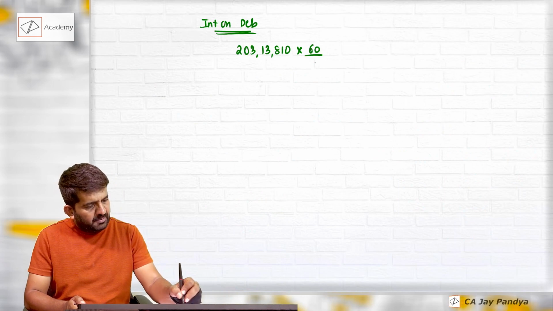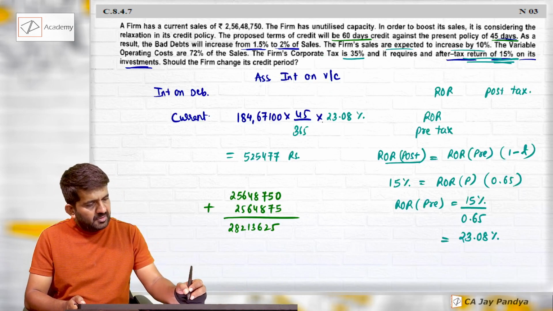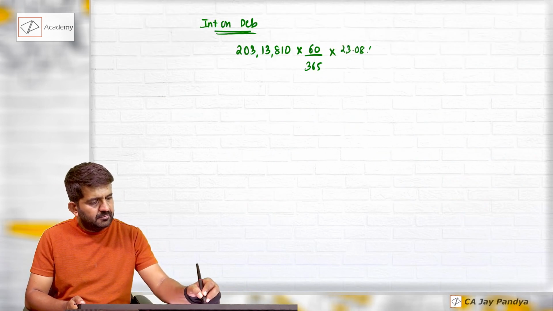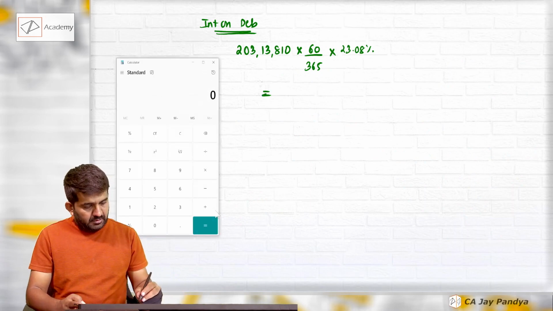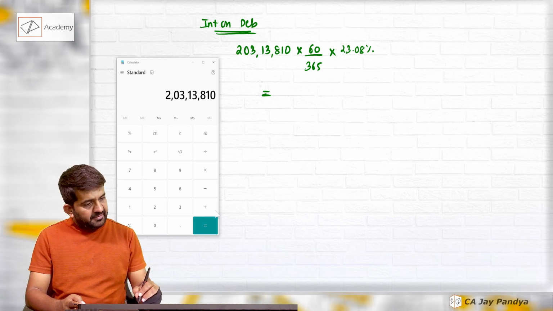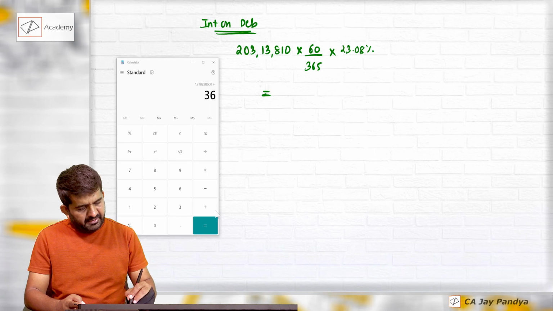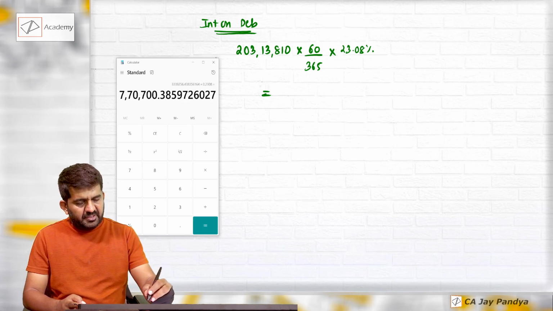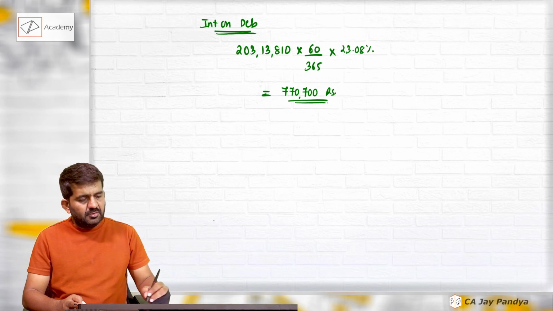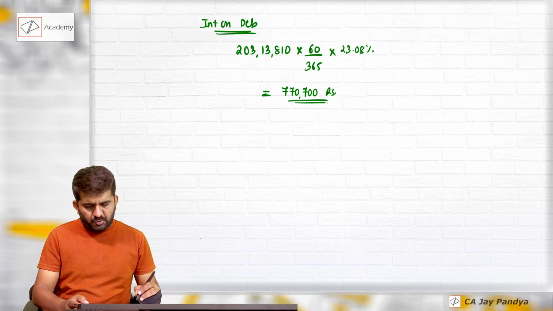From 45 days, it will increase to 60 days. And the required rate of return pre-tax is 23.08%. So 2,03,13,810 multiplied by 60 divided by 365 multiplied by 0.2308, which is 7,70,700. This will be interest on debtors in the proposed situation.